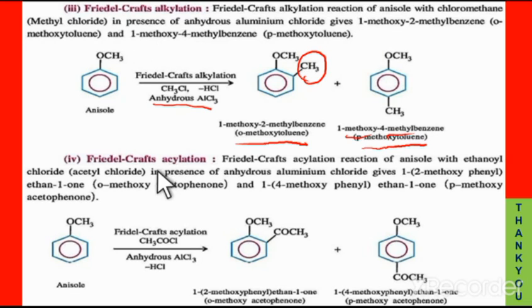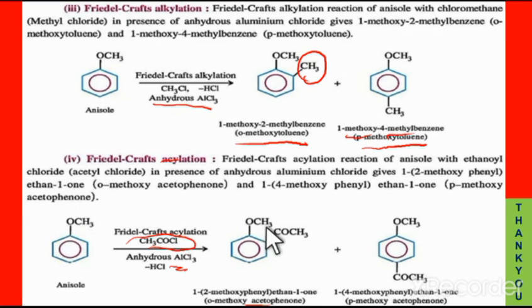Next, the Friedel-Crafts acylation. When anisole is treated with an acyl halide in presence of anhydrous aluminium chloride, it forms orthomethoxyacetophenone and paramethoxyacetophenone. Two products are obtained. The orthomethoxyacetophenone is also known as 1-(2-methoxyphenyl)ethan-1-one.